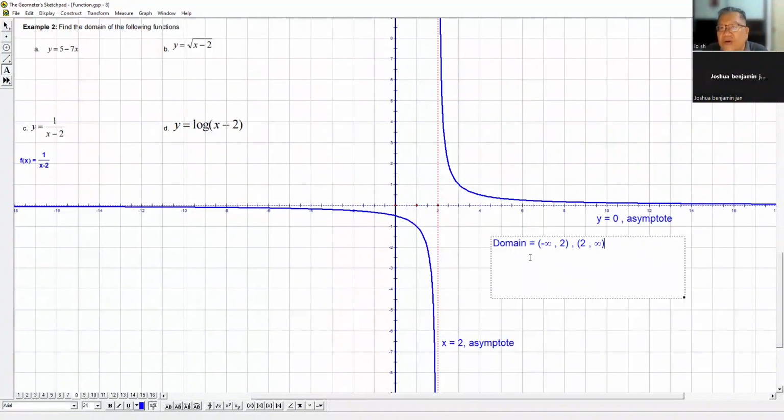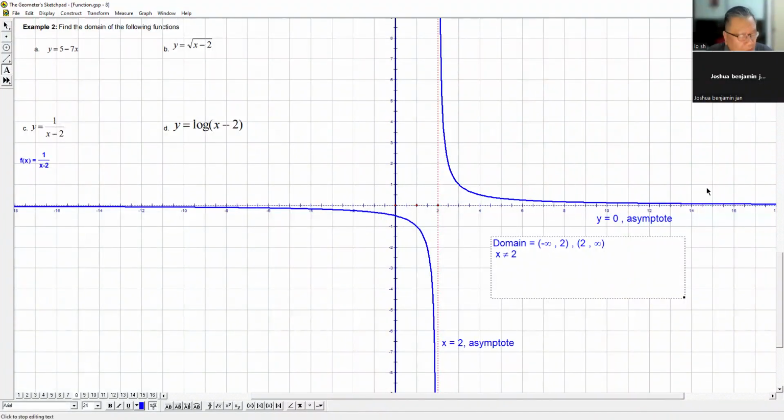So the domain actually consists of 2 parts with a break at x equals to 2. It can occupy any value except x equals to 2. We say that x cannot be equal to 2, meaning the domain cannot take the value of 2.